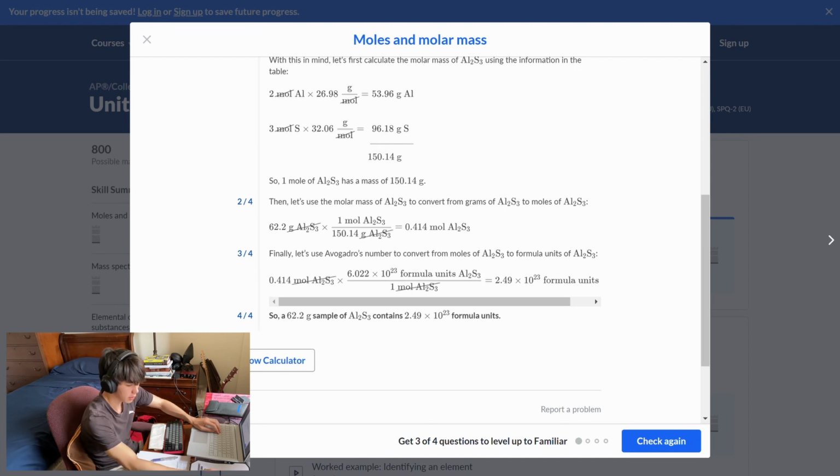I don't know how to use this. 10 to the power 23. 2.4 times, I don't know how many zeros there are. Is that right? Times 23? Okay, so I do know how to use the calculator.